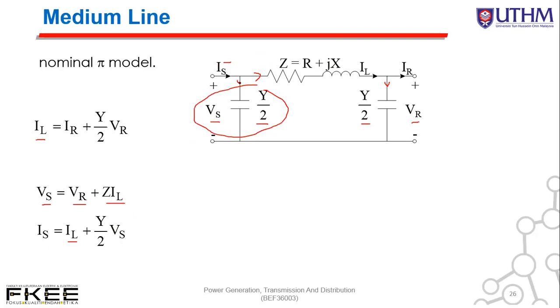So we have two equations. At this node, IL equals IR plus Y over 2 VR, and at this node we have IS equal to IL plus Y over 2 Vs.